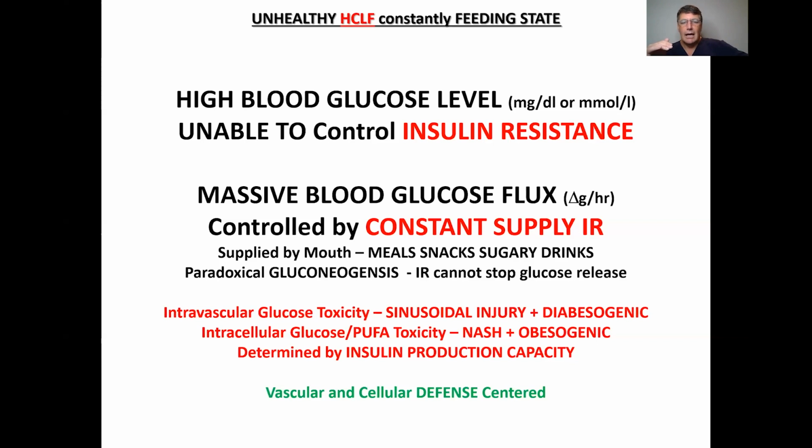But in the blood, if you're not able to remove the sugar load quickly enough, either because of profound insulin resistance, where cells are just not taking it up, or because the supply is continuous and excessive, that causes vascular injury and injury to the elements in the bloodstream, which are your white blood cells, your immune cells, your hemoglobin, your oxygen carrying capacity, and the cells that line the blood vessels. All of those cells get injured, and we'll come back to that in a little bit. That is called diabesogenic disease.